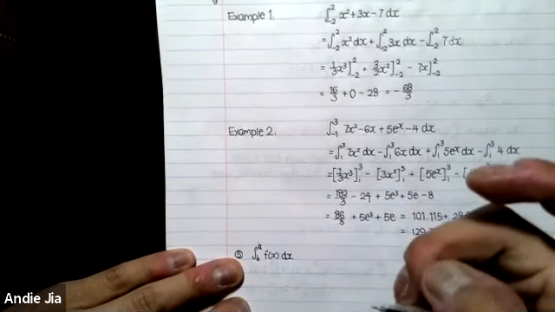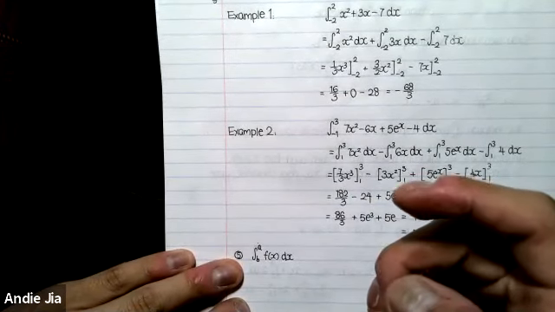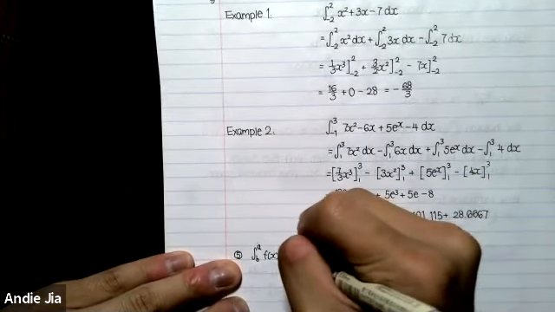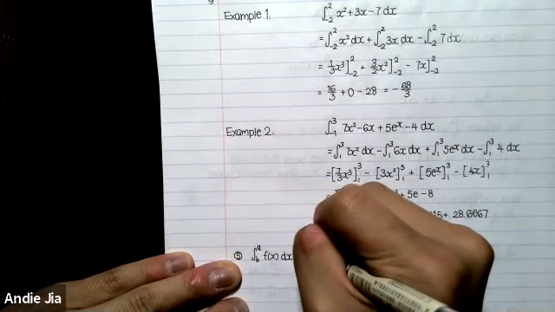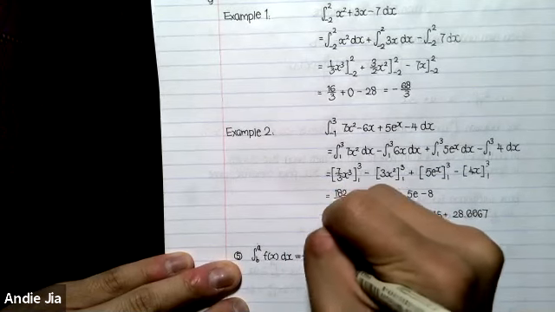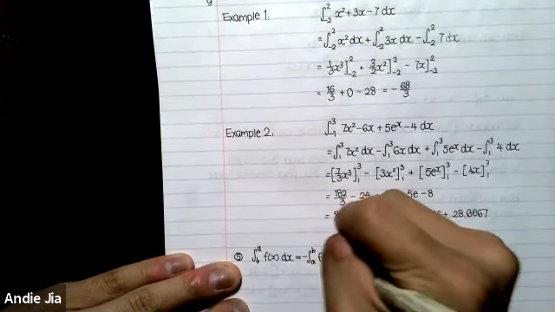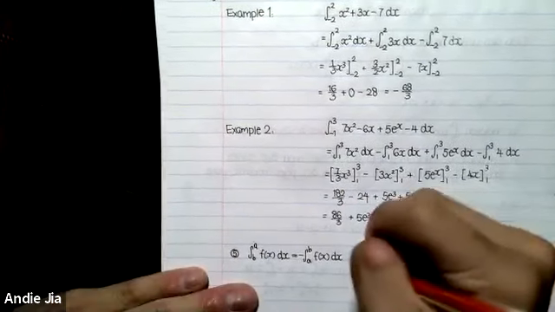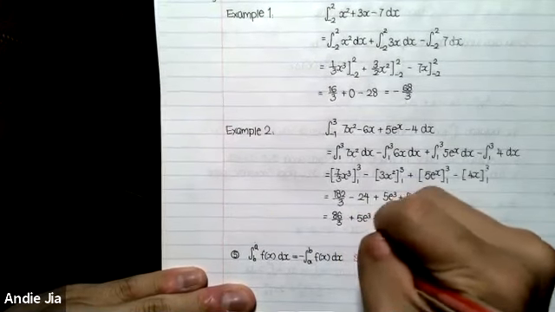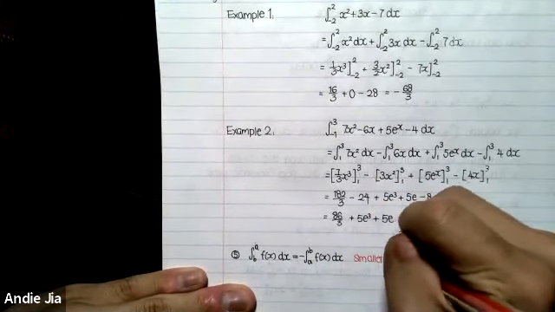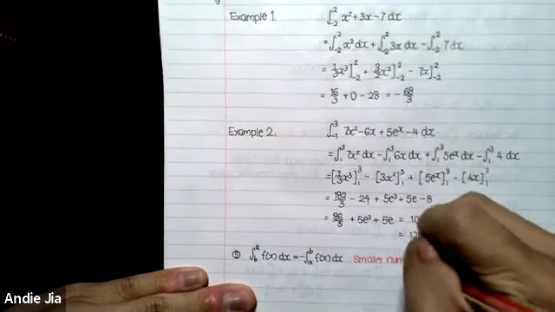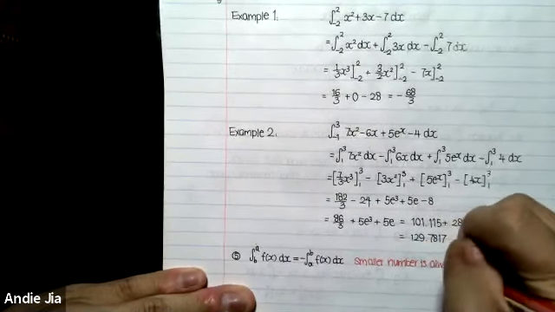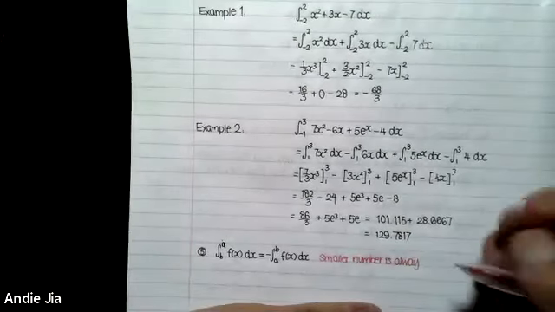Always make sure the smaller value is on the bottom. Always on the bottom.